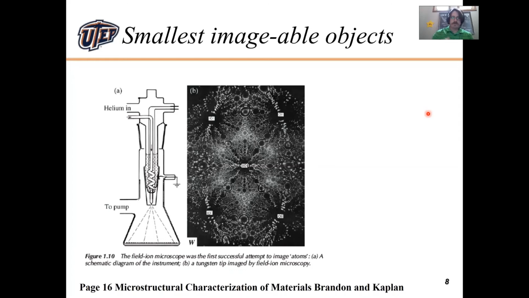This is a field ion microscope, and this microscope gave rise to more advanced microscopes such as an atomic force microscope and a scanning tunneling microscope. But it all started here, with people making a very, very thin tip, and they actually imaged the tip itself, and it's tungsten. And so ask yourself this: why do I see a bunch of circles? Think about it a little bit.